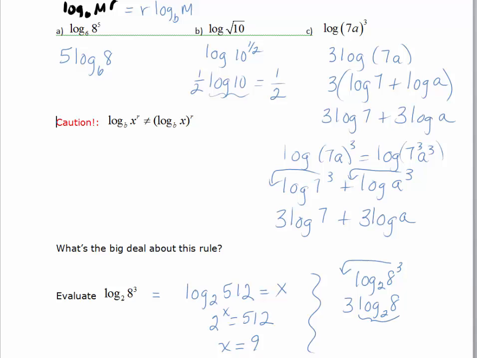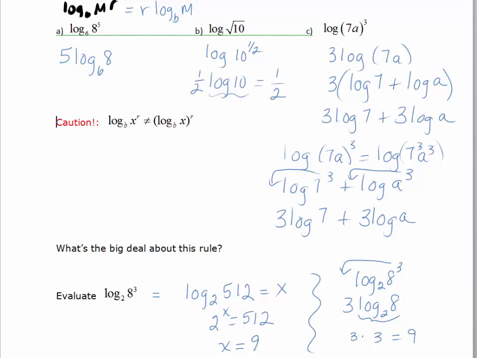It's 2 to what power gives me 8? That's going to be 3. So 3 times 3 equals 9. So here's an example where the power rule is extremely helpful in evaluating. It's also helpful in calculus if you can rewrite an expression rather than have it in exponential form, to be able to write it as a product.